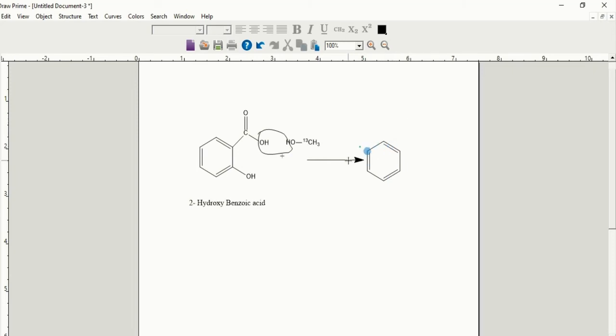This was your salicylic acid, and to that we added methanol.